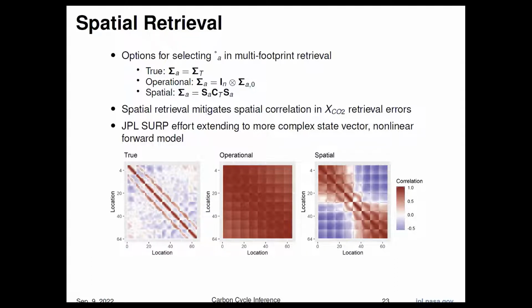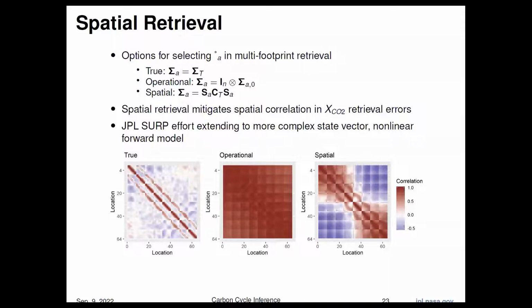When we use the true setup, we definitely mitigate a lot of spatial correlation in the retrieval errors. It doesn't totally disappear, but it's substantially smaller. In the operational case, we get highly spatially correlated retrieval errors, and the hybrid case is a mix.